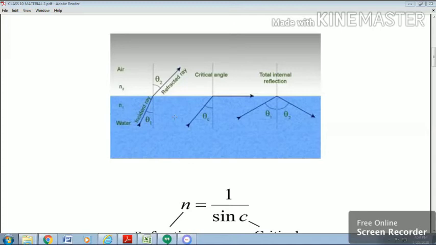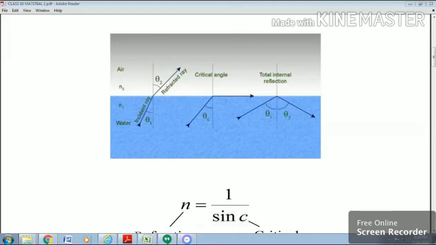And the third point is that the reflected ray we are getting is in the same medium. So we are getting total internal reflection here. Hence, whenever the angle of incidence is increased beyond the critical angle, we get total internal reflection.